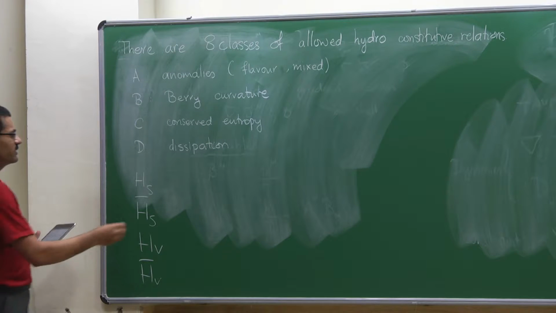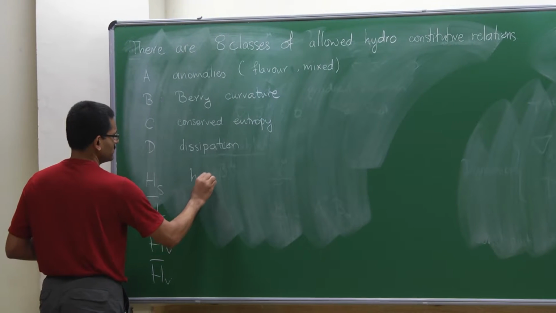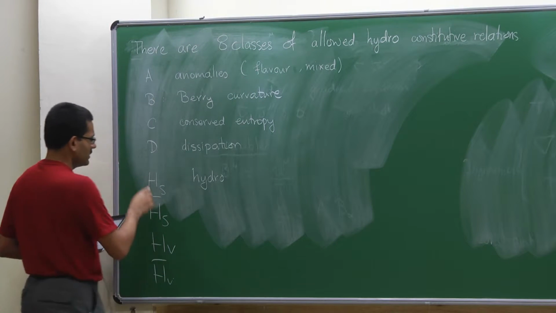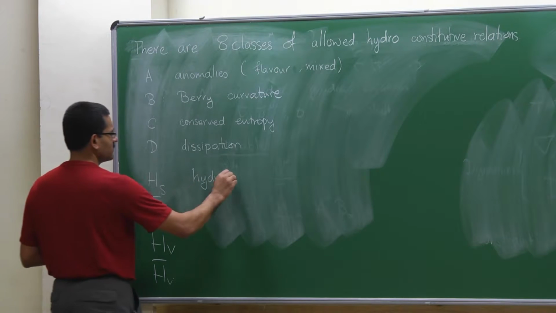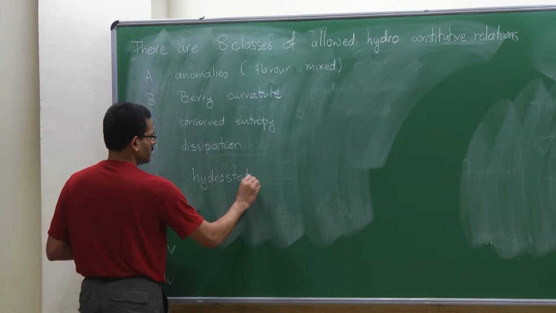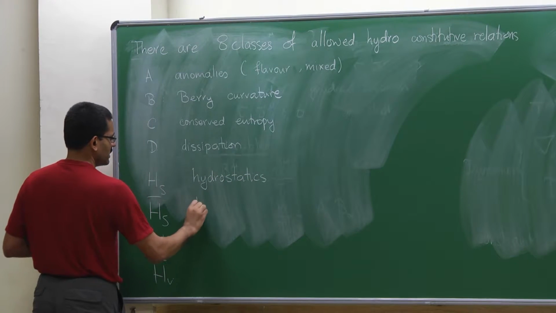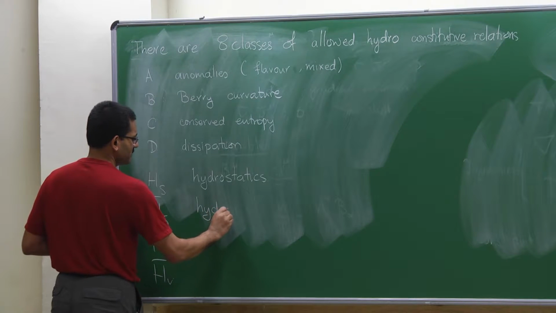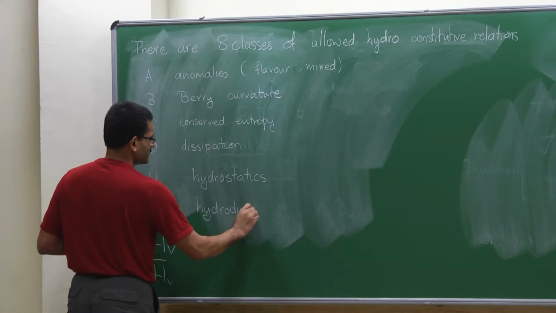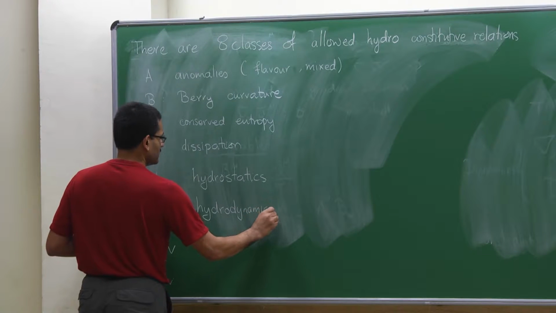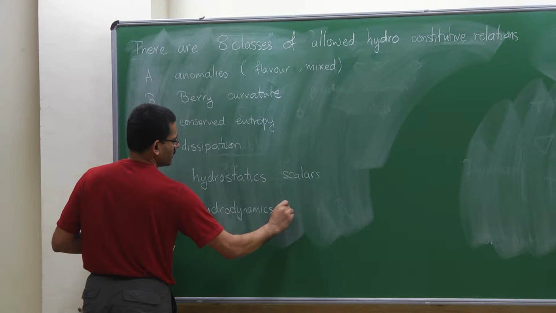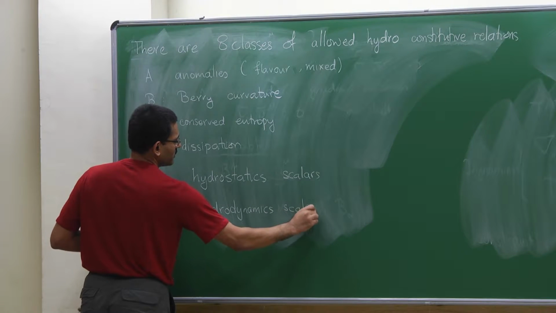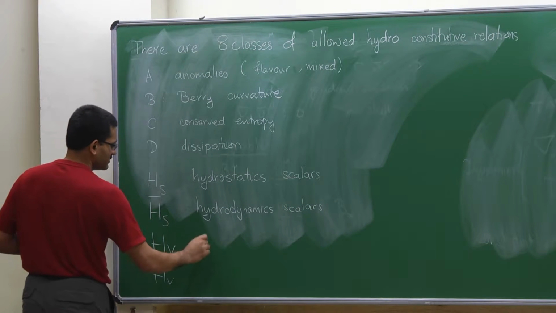The H stands for hydro, and the bar or unbarred, the bar, no bar, refers to hydrostatics, that is equilibrium, and bar refers to hydrodynamics, that is non-equilibrium. And S stands for scalars, and the V stands for vectors.